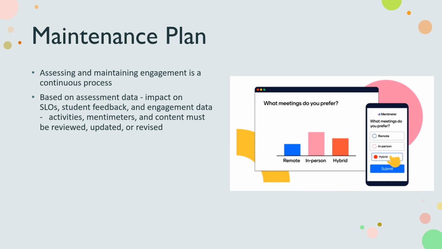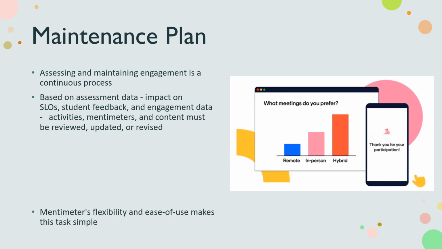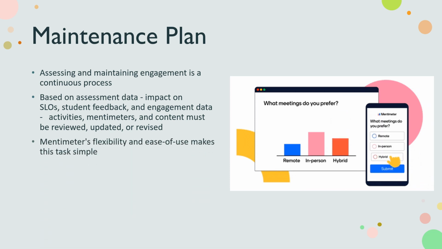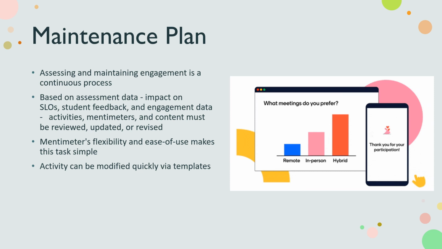But obviously, I'm going to get student feedback, and then I'm going to get that engagement data, which is the main thing I'm measuring. But based on those, I can revise or update content or the format or modality of Mentimeter. I talked about this in the previous slide, but because those templates are there, I can change the format of a specific activity pretty quickly and easily.